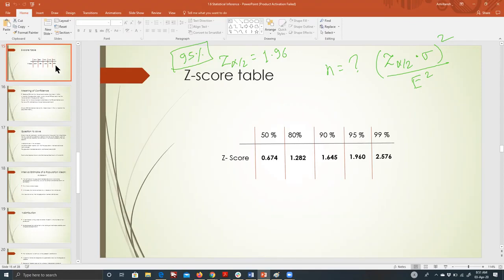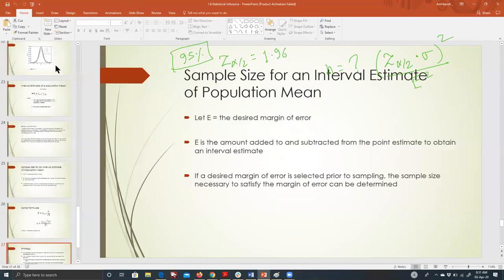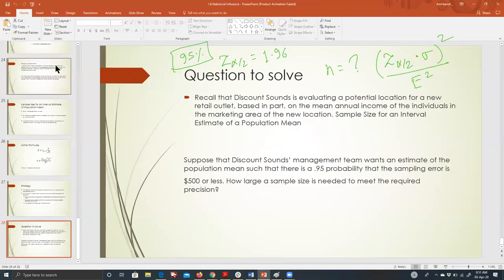So now can someone tell me what is the n? Approximately 312.